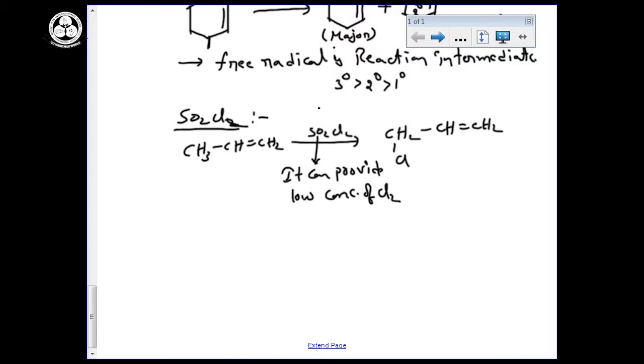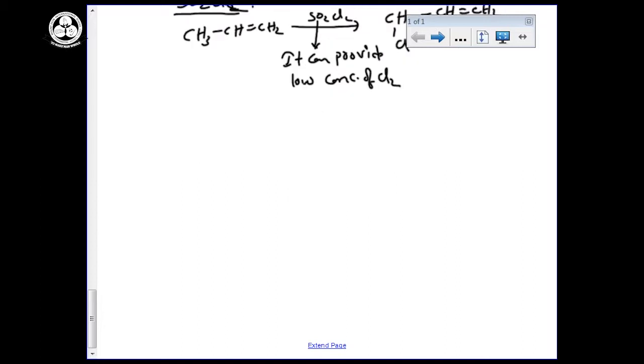Next one is oxidation. Another most important discussion for the chemical properties of alkenes is oxidation. In organic chemistry, oxidation means immediately we have to see the oxidizing agents.